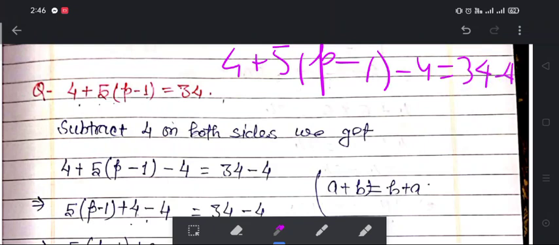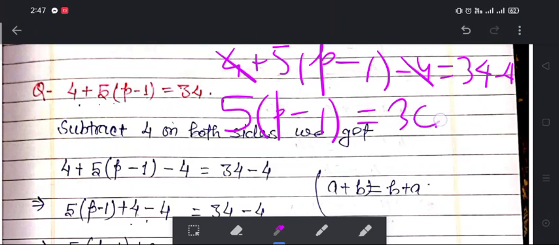Okay, so here 4 and 4 become 0, and here we get 5 into p minus 1 is equal to 34 minus 4, that is 30.